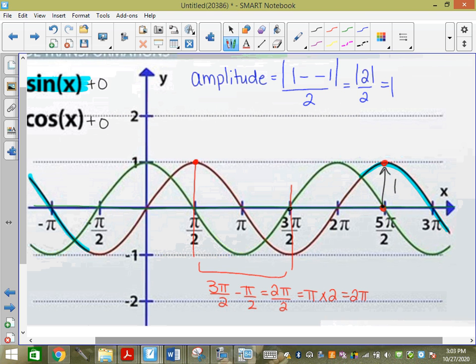If I count from my midline down, that's a distance of 1. So midline to maximum, midline to minimum is also your amplitude. Halfway. Okay? So your midline literally cuts the graph in half vertically. Is your midline always 0? Nope. If our D value changes, then our midline changes. So if we had a plus 7 at the back, then our midline would be 7.